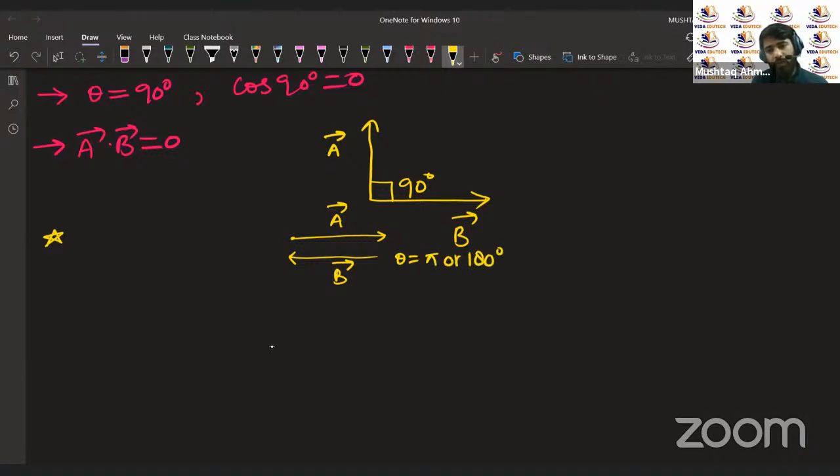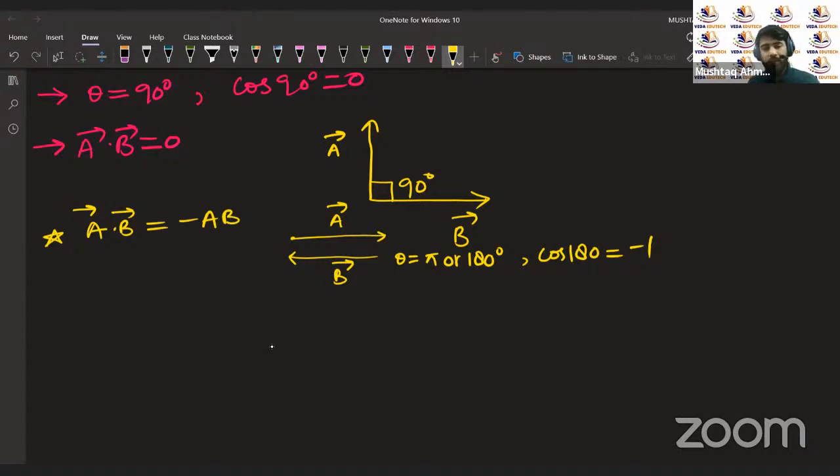And we know that cos of 180 is equal to minus 1. So A dot B is going to be minus AB, where A and B are the magnitudes of the vectors A and B.